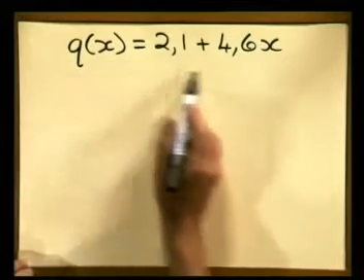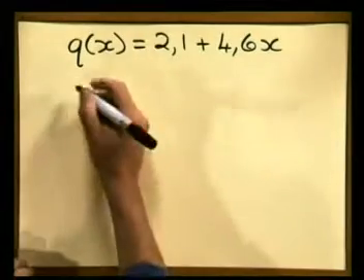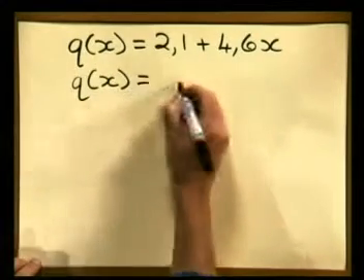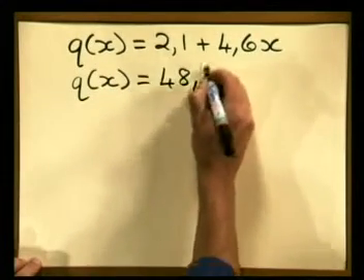For the second part of the task, we have an output value and we need to calculate the input value. The prescription states a dosage of 48,1 milligrams, and we need to make sure that the patient has the correct body mass for this dosage. This is the formula we're working with originally, but now we also know that Q of X is equal to 48,1 milligrams.